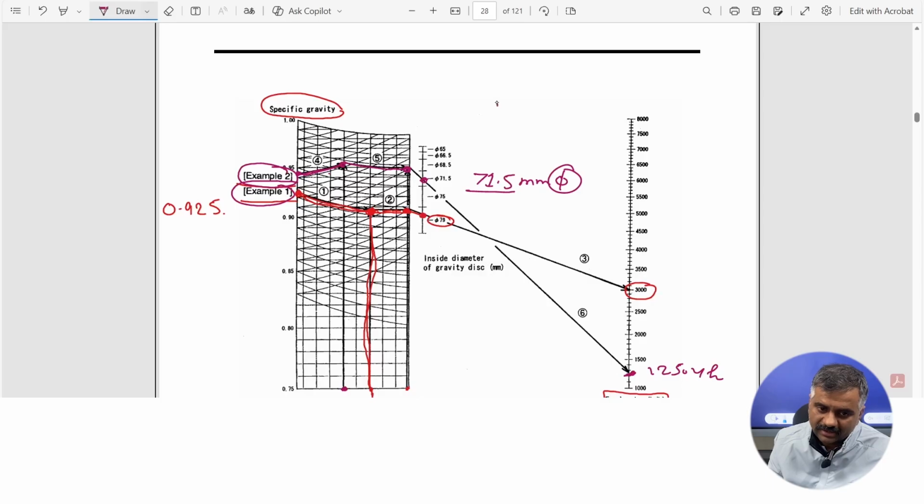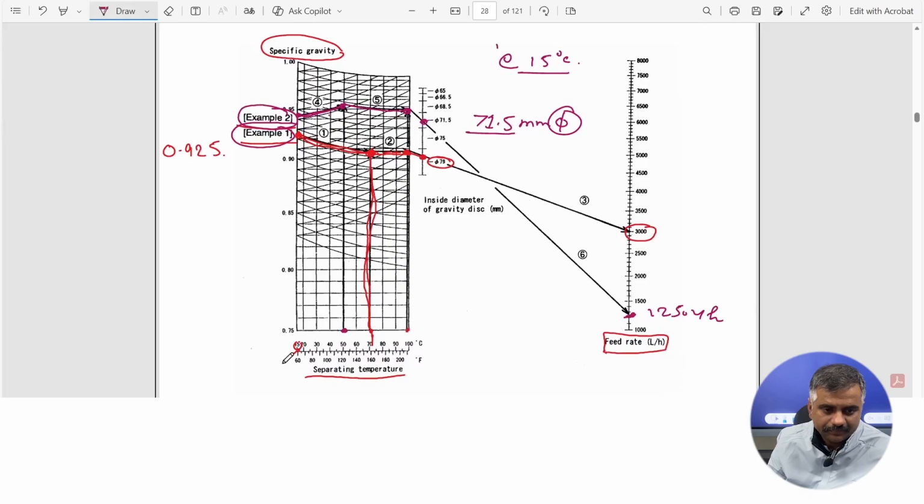Either you are aware of the specific gravity at 15 degrees centigrade, because that is the beginning of the curve here, or, since we are not aware at 15 degrees centigrade, the nomogram asks us to take an upward rising curve like this and match it with the 50 degrees centigrade, or say we are aware of the specific gravity at 60 degrees centigrade, so we will match it here at 60 degrees centigrade, somewhat like this, and then join it again.